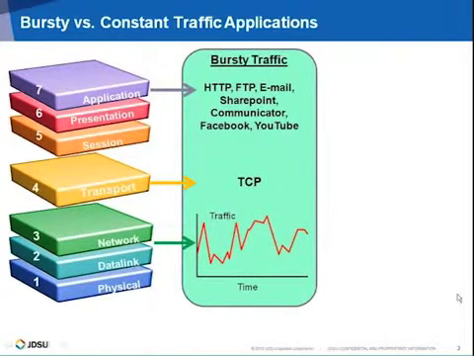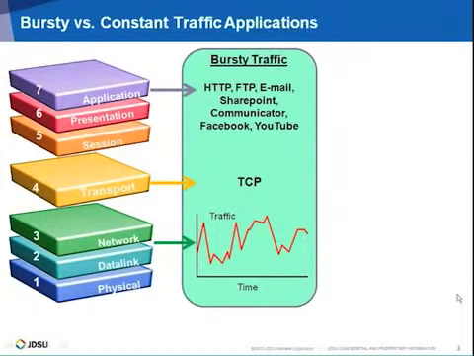So first, I want to start off by explaining what we mean by bursty traffic. If you look at the highest layer of the OSI networking model, layer 7, the application layer, which applications are going to be bursty? Those are your data applications: your internet traffic, file transfers, FTP, email, SharePoint or Communicator, uploading a photo to Facebook, for example, or downloading a video from YouTube.